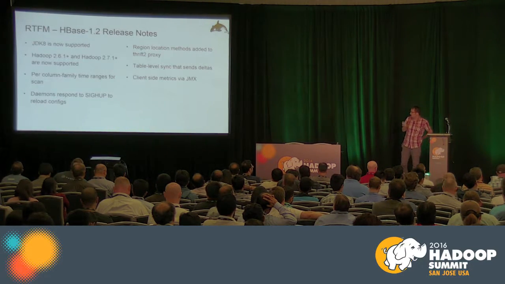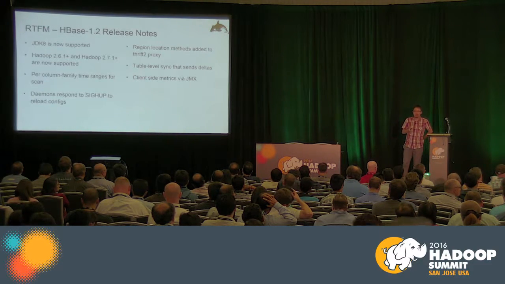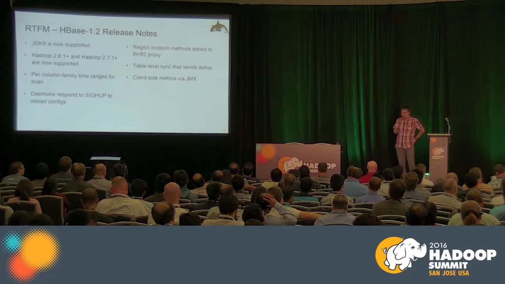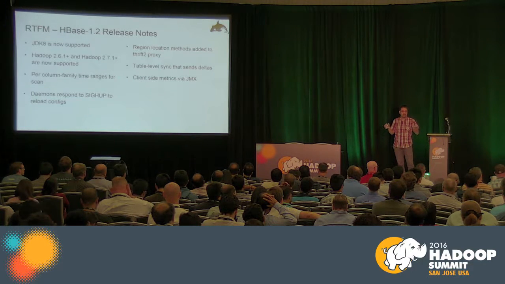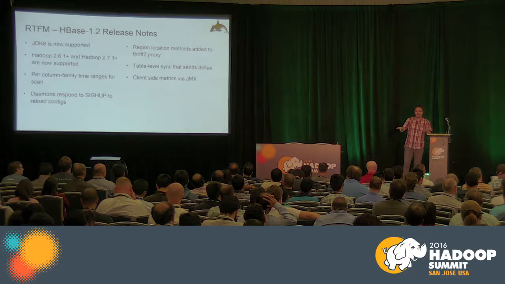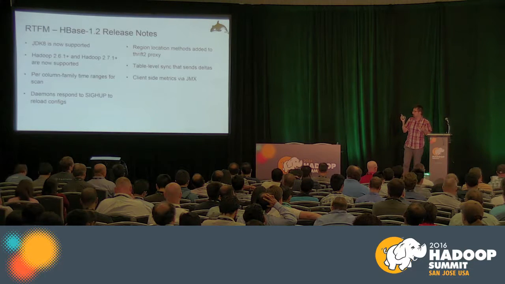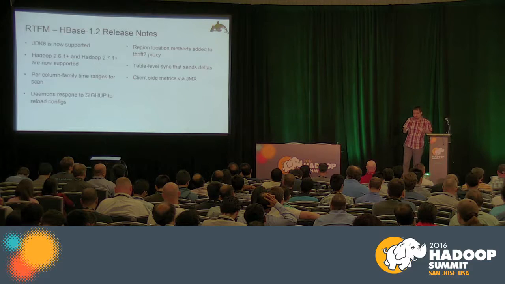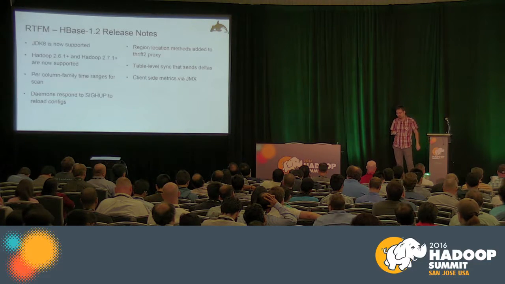Table level sync, this is I think very relevant. If you, for example, have replication and then somehow the replication is broken due to whatever, you can use this new tool to sync up your two tables without doing a full table copy over to the other cluster, because this will make sure that only the changed rows are sent over to the other side.